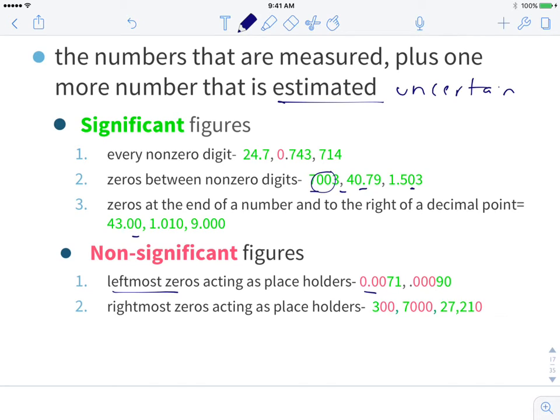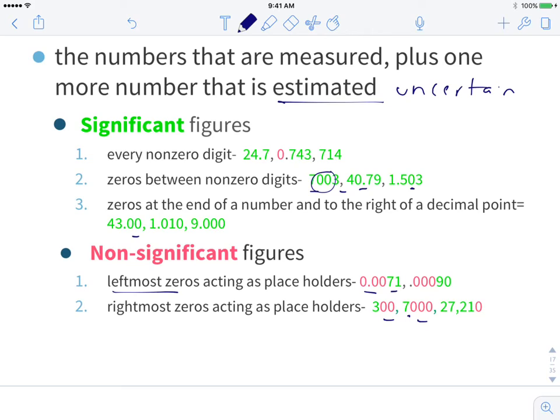This 7 is in the thousandths place, and the zeros in the tenths and the hundredths place, and the ones place, are holding the place for that thousandths place number. If you don't have a decimal present, then those rightmost zeros are placeholders. They're holding the place for this 7.